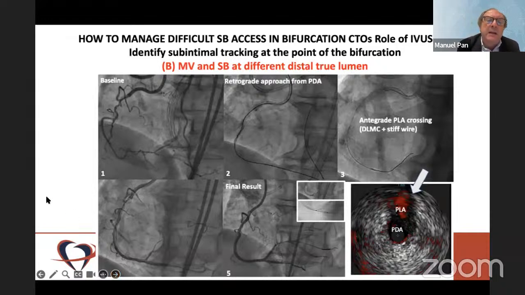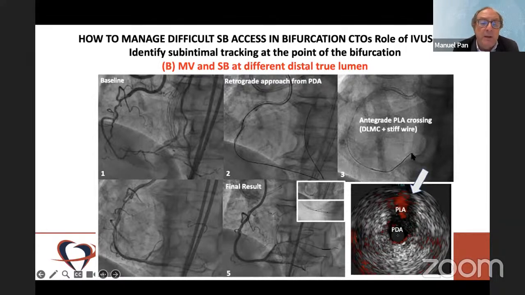In this case, it's a right coronary artery that was recanalized by retrograde approach, and a dissection was produced during the recanalization process. The IVUS informed us that the PDA and PLA are in different lumens, separated by the subintimal tracking, and this case needed the use of a double lumen catheter and a stiff wire to try to recanalize the PDA.